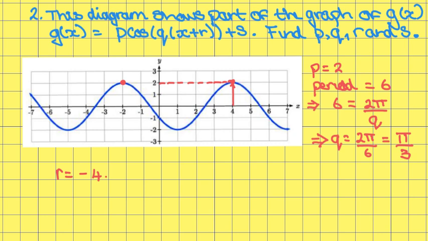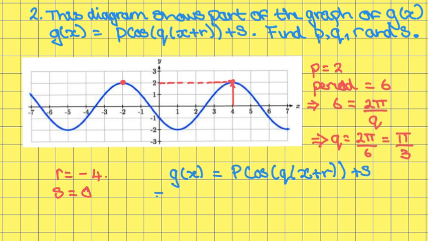Now we want s, which is the vertical shift. Well, there isn't any vertical shift because the x-axis is still the principal axis, so therefore s is equal to 0. Now that we've got values for p, q, r and s, we can construct our equation for our graph. We know that g of x is equal to p cos q brackets x plus r plus s.